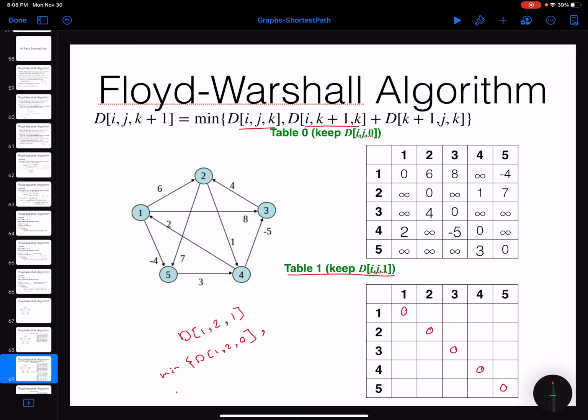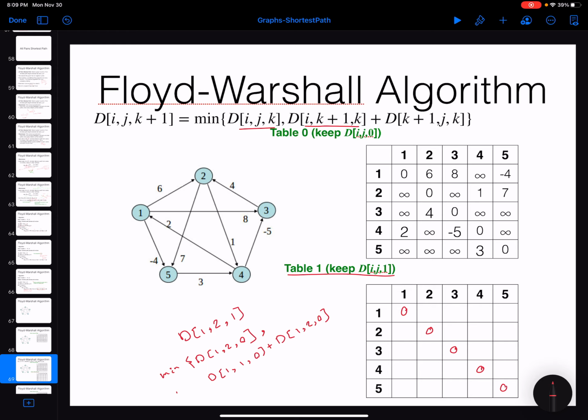This is going to be d of 1 and 1 using no other edge plus d of 1 and 2 using no other edge.